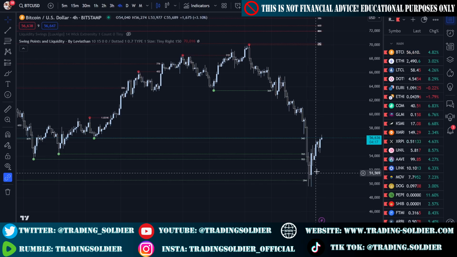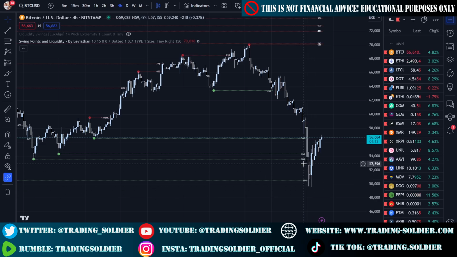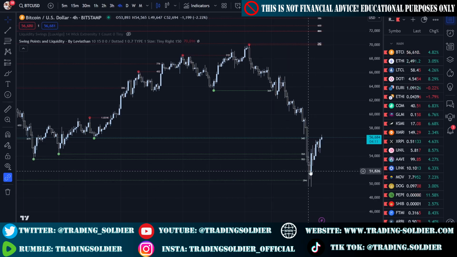And also many times the price dips down below the support level where the liquidity is to trigger all the limit orders and all these long stop losses, and then reverses to the opposite side, because, as I said before, it finds liquidity and it stops the movement and then reverses.